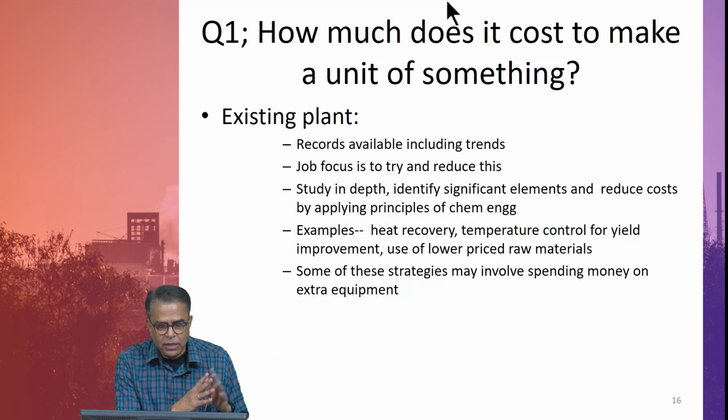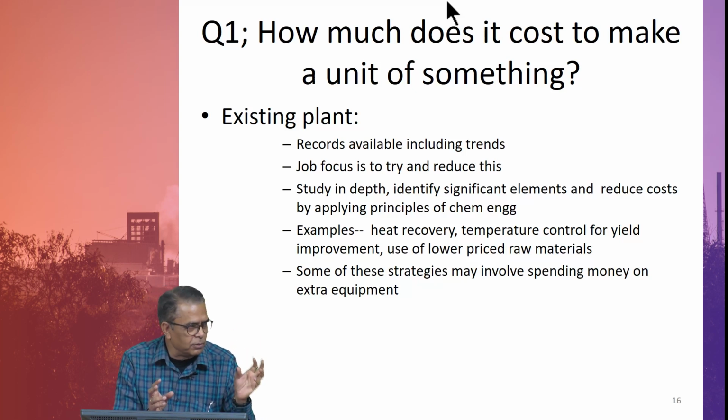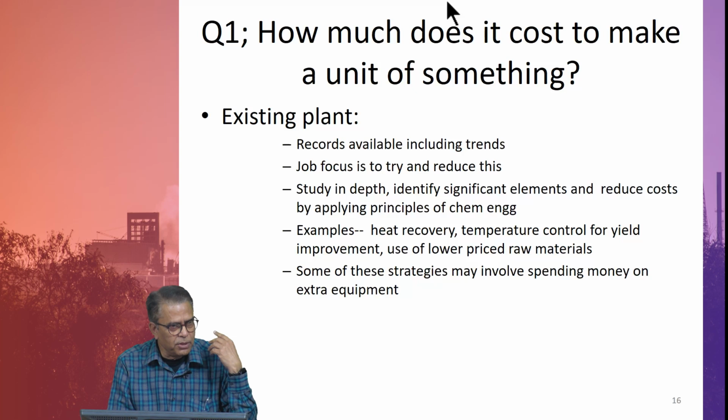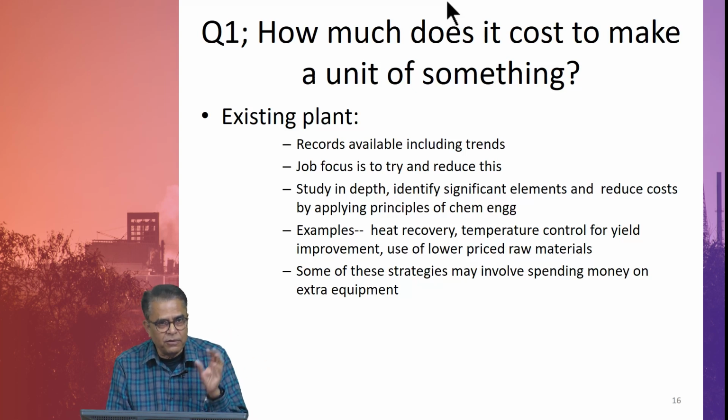So, basically your role will be to study in depth whatever historical information is available, then understand and identify, between the several elements, which one I should work on, prioritize, and then work out a strategy based on the basic principles that we have already been taught, and find out how the cost can be brought down. That is why cost is relevant for a manufacturing job.